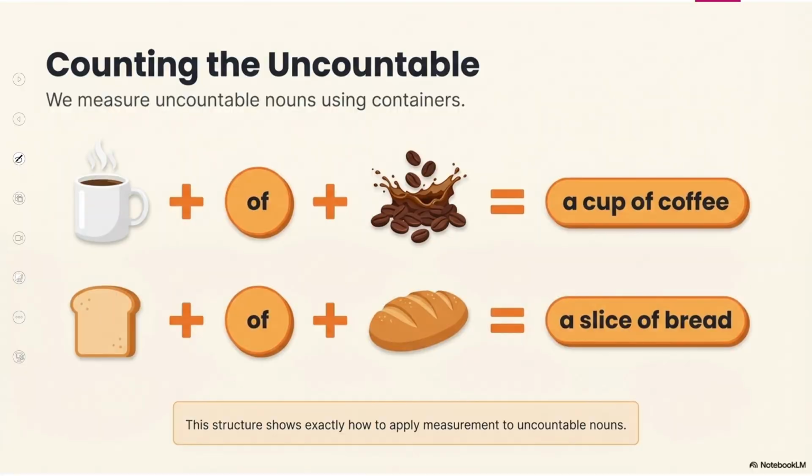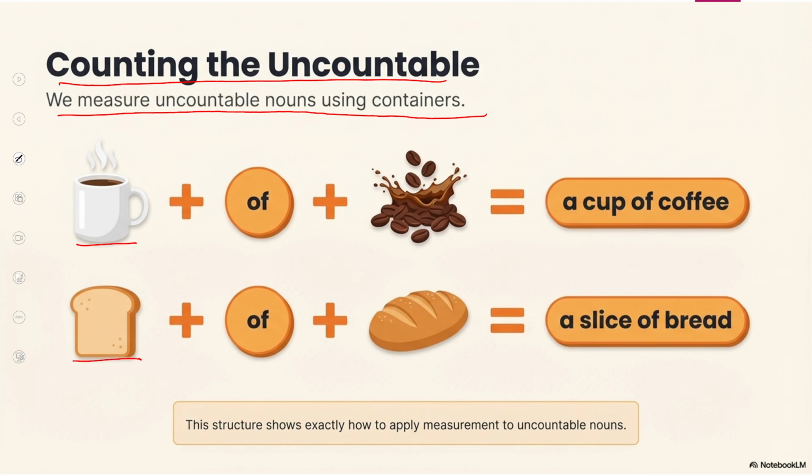Now, let's see. This is very interesting case, counting the uncountable. A thing that is uncountable, how we can count them. For this purpose, we use containers to measure uncountable nouns. This is the container, right?